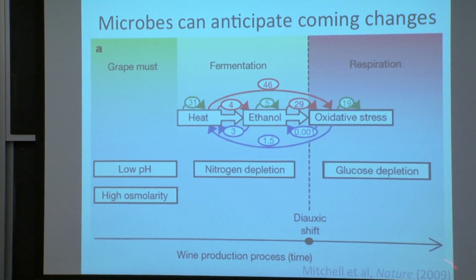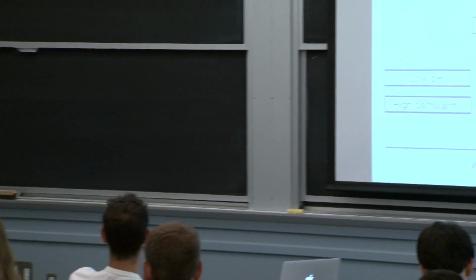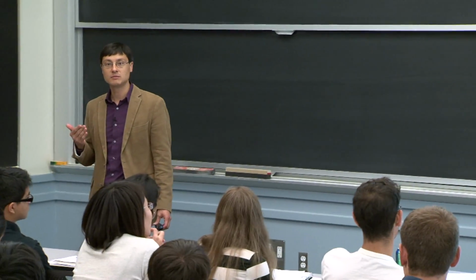And in particular, in this very well-written paper, what they were able to demonstrate is that both yeast that have evolved in the context of wine fermentation and E. coli that have evolved traveling through, for example, our digestive tracts, there are characteristic sequences of events in which things happen. Okay?